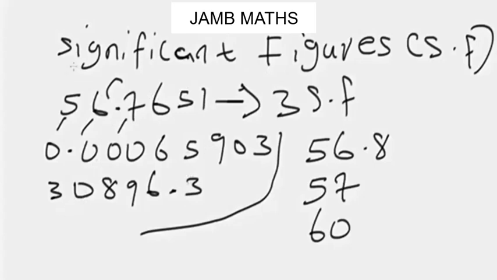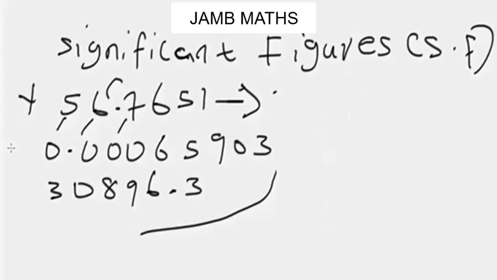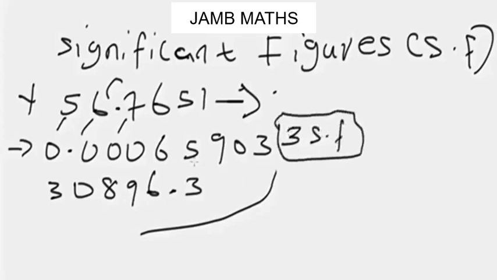Okay, so we are done with example 1. Now let's go to example 2. Let me wipe this place so we have space. For this example 2, what if you are asked to round it off to 3 significant figures? Remember, significant figures start from non-zero numbers. So this 0 here is not a significant figure, this one is not, this one is not, and this one is not.